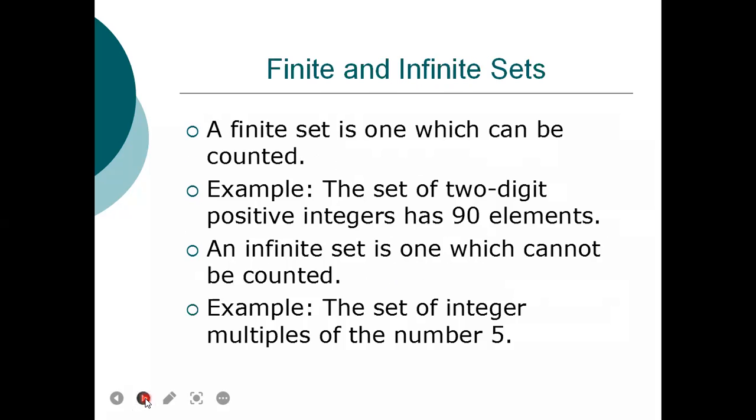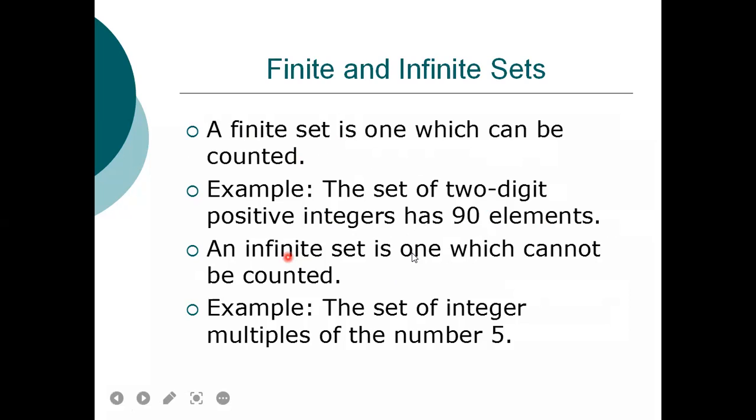Now, what are finite sets and infinite sets? A finite set is one which can be counted, that means it has only countable members or elements. For example, the set of two-digit positive integers has 90 elements.